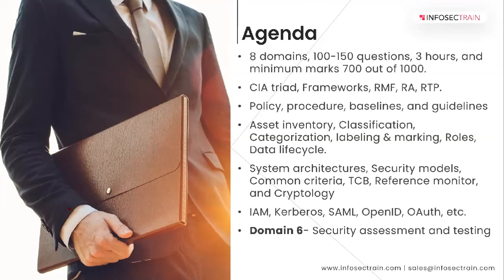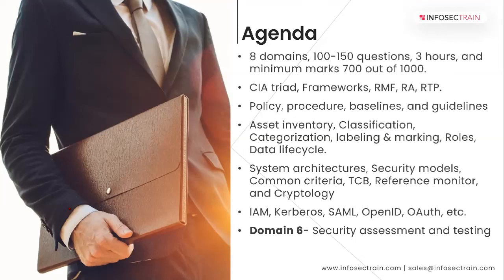Moving on to the basics, we have talked about the CIA triad, which is confidentiality, integrity, and availability, a basic theme of the entire information security field of operations. That is something which will remain with you throughout your career.